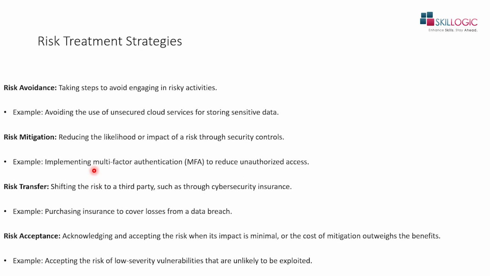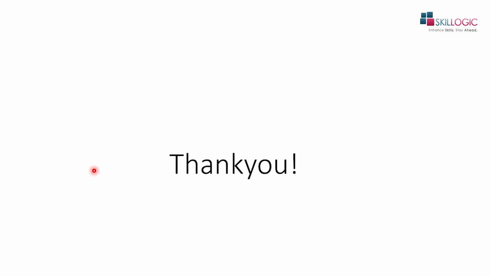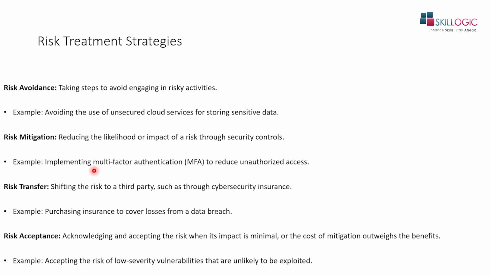These are the risk treatment strategies we are having: risk avoidance, risk mitigation, risk transfer, and risk acceptance. These risk treatment strategies will be helpful to improve the security posture of an organization.